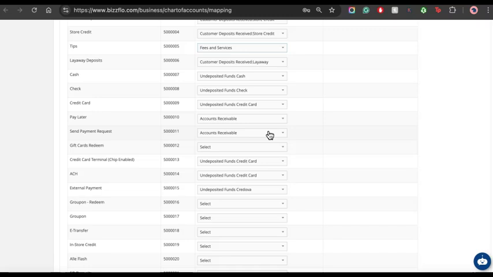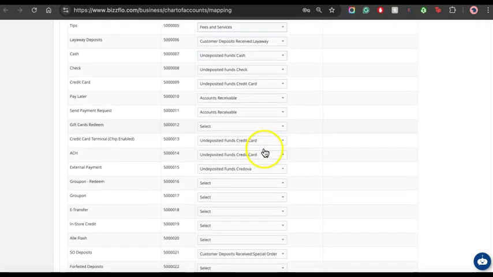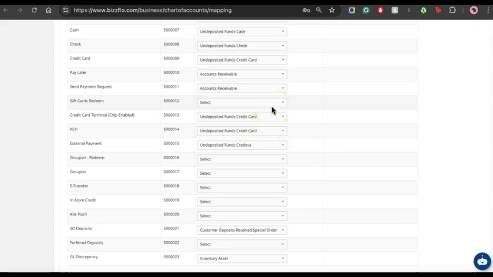Gift card redemptions are usually recorded as revenue under services and products with no additional mapping required. Credit card and ACH payments should be assigned to their respective categories, such as undeposited funds credit card or ACH payment. External payments. If payments are processed outside BizFlow, they should be categorized accordingly.